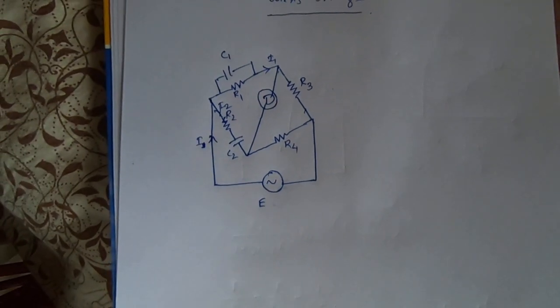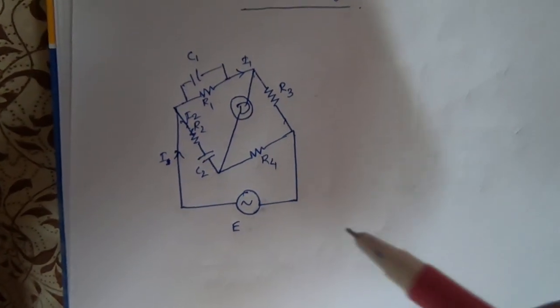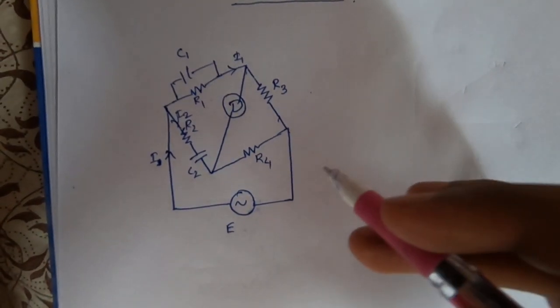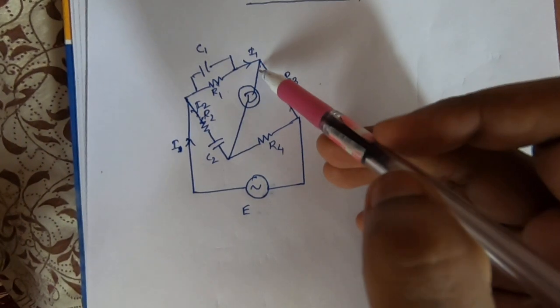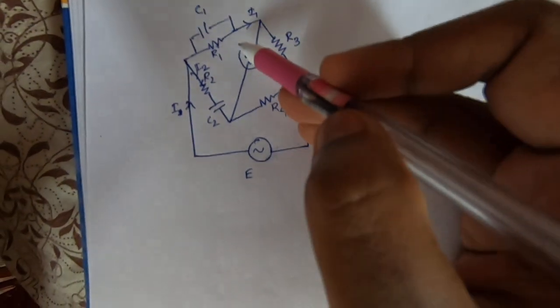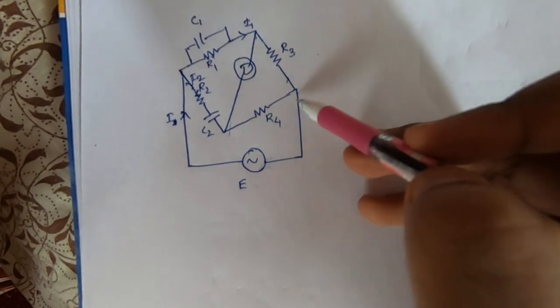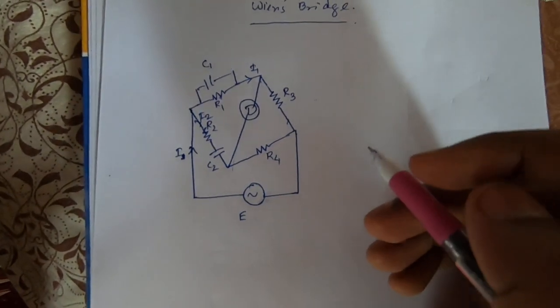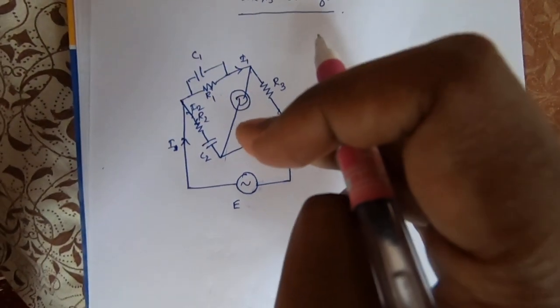You have to think that we are starting at the balance condition only, not the unbalanced condition. Unbalanced condition means when there is a flow of current through this detector. At the balance condition, the detector will show the null value, so there will not be any flow of current.